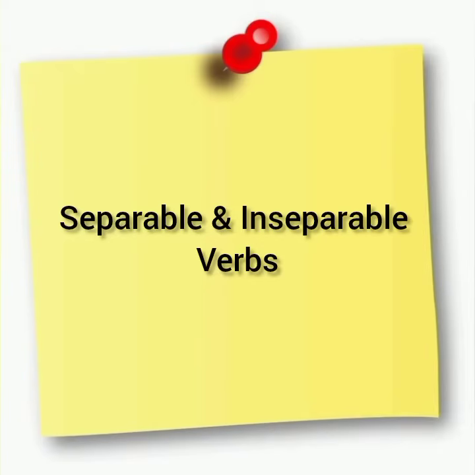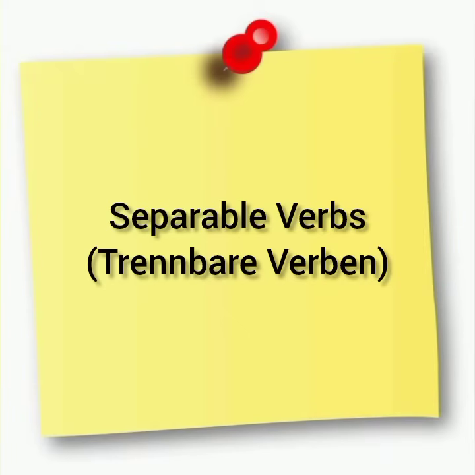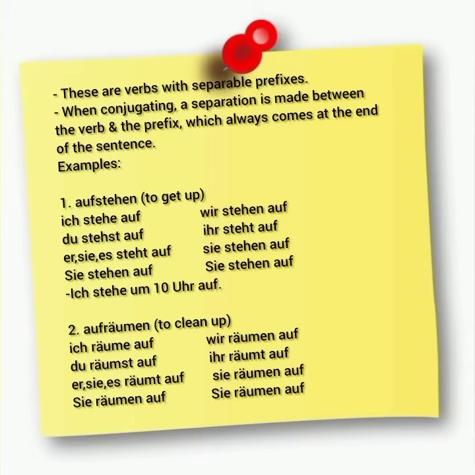So I want us to proceed and see the separable and inseparable verbs. Let's go ahead. We will begin with the first one, the separable verbs, which we call trennbare Verben. These are verbs with separable prefixes, meaning that when you conjugate them, there are some prefixes you will remove and put at the end of a sentence.